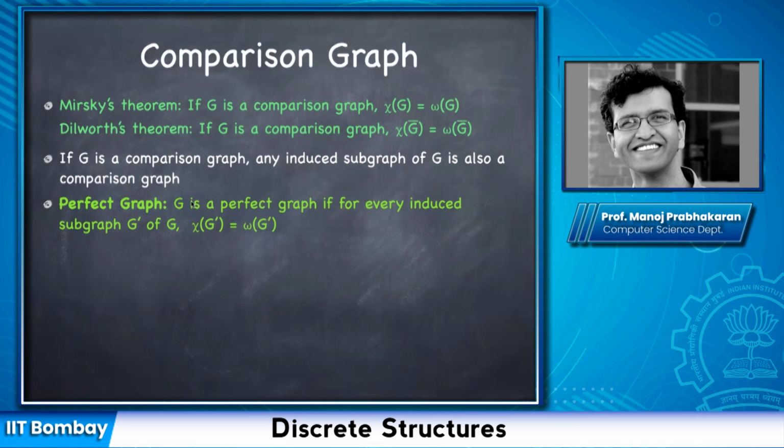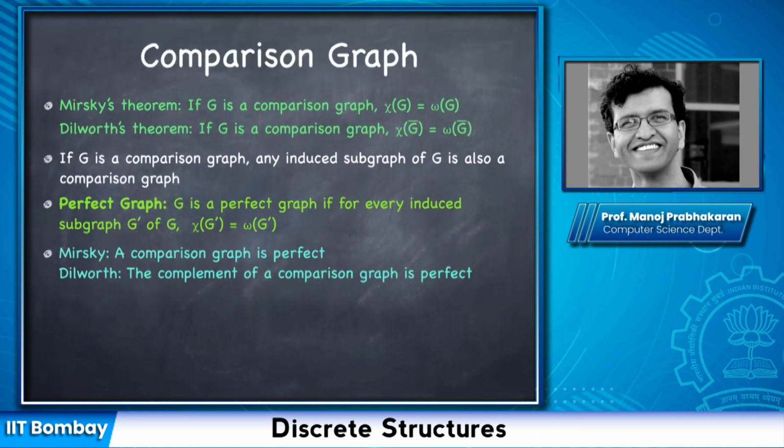And that's by considering the notion of what's called a perfect graph. The definition of a perfect graph is that the equality chi G equals omega G holds, but not just for the graph, but for every induced subgraph. So a perfect graph is one in which for every induced subgraph G prime, the chromatic number and the clique number are equal.